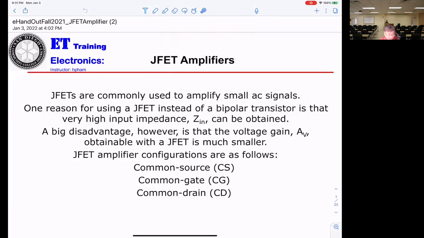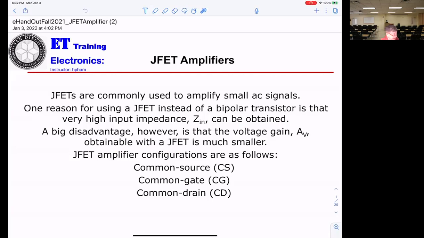JFET is commonly used to amplify small AC signals. One reason for using a JFET instead of a bipolar transistor is its very high input impedance. A big disadvantage, however, is that the voltage gain obtainable with the JFET is much smaller.